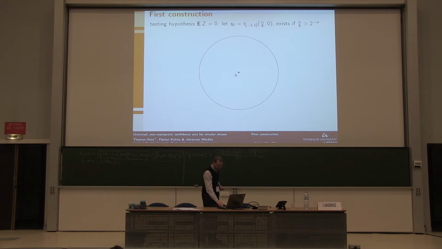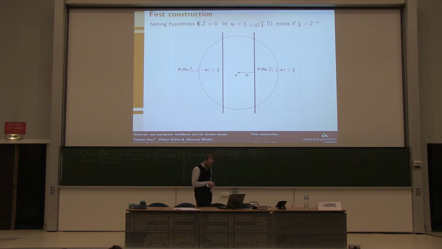And so you can guarantee, if you choose this S0 properly, that the probability of the real part of Z n bar being larger than S0, under the hypothesis that its population mean is 0, is at most alpha over 4. Similarly, you can bound the probability of the real part being less than minus S0, that is, on this side. Now you can guess that you can do the same for the imaginary part being above or below.